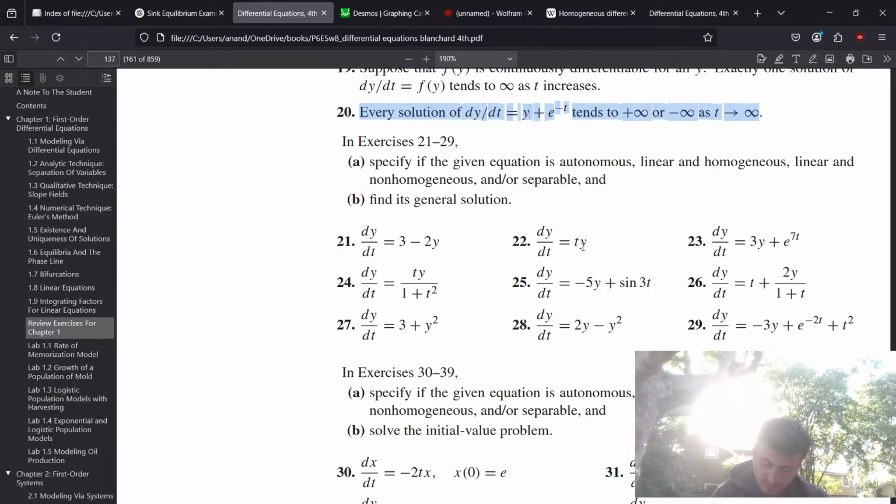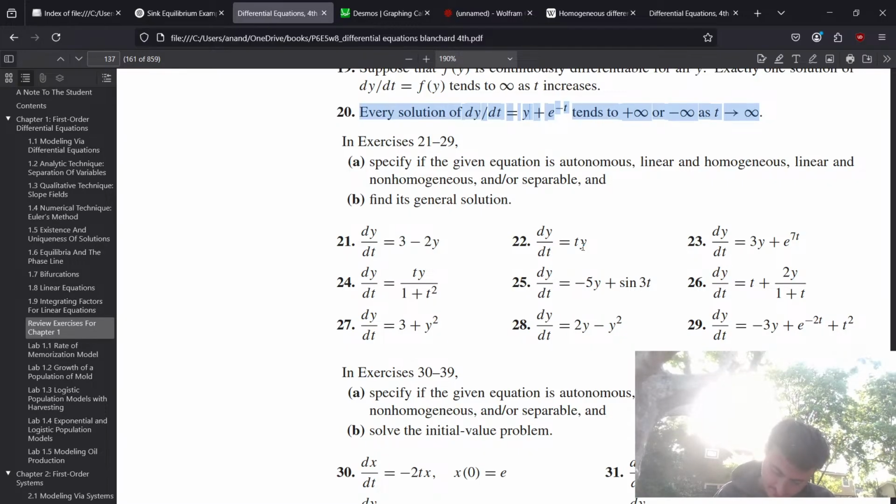C just absorbs the thing. Then we exponentiate, and we get the absolute value of 3 minus 2y is equal to e to the minus 2t times e to the c. So then we have 3 minus 2y is equal to plus or minus c e to the minus 2t.